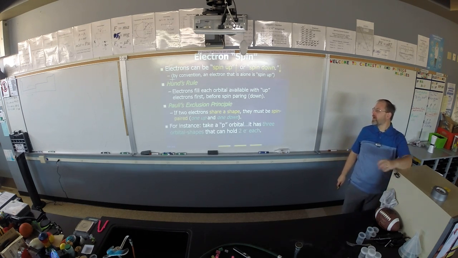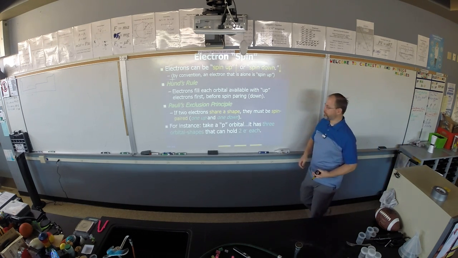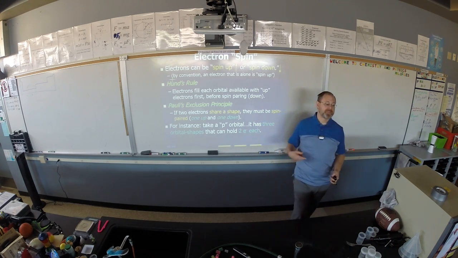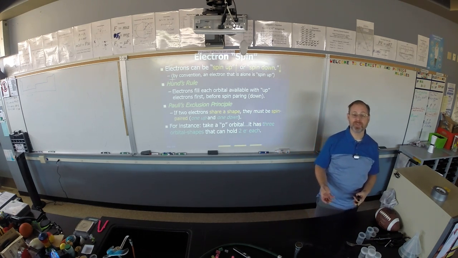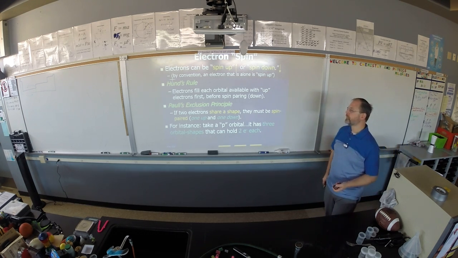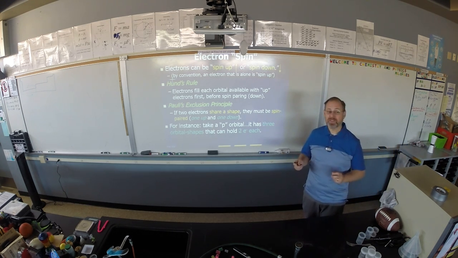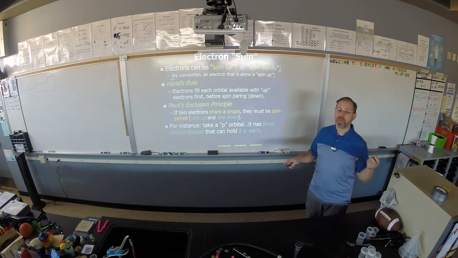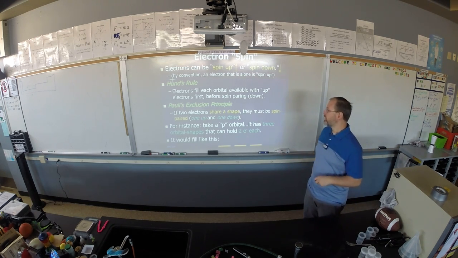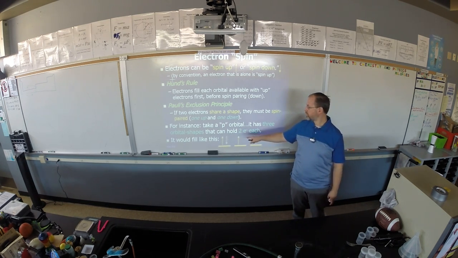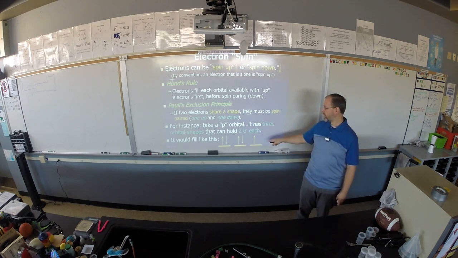Okay, so if you had 3 orbitals, these represent 3 orbitals. Sometimes orbitals are represented with boxes, sometimes they're represented with lines. So we're going to represent them with lines right now. If you had 6 electrons to fill, watch carefully. If you can't see this, you want to stand up. They would show this way. They would fill up, up, up, and then down, down, down.